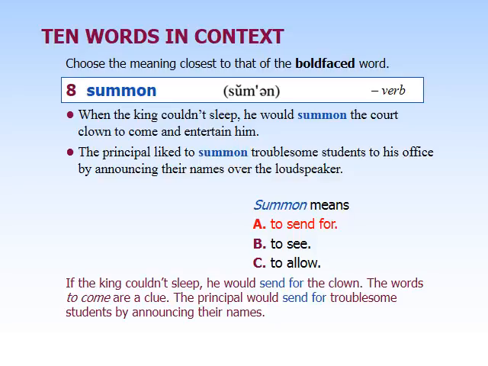So in the first example, the king, who's the powerful person, is summoning the court clown. He's calling a less powerful person to come to him for some reason. In the second one, the principal, who's the head of the school, is summoning the students who are not as strong.